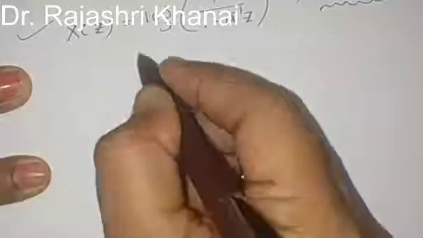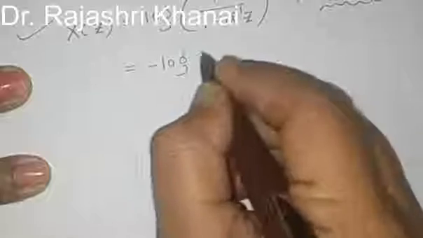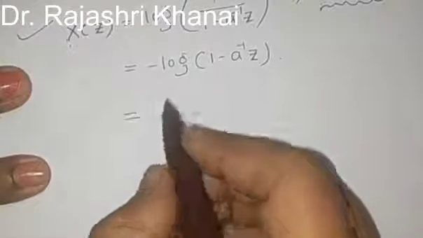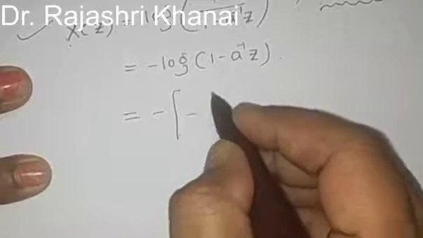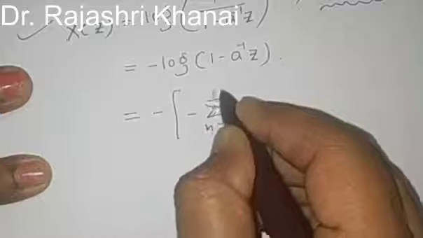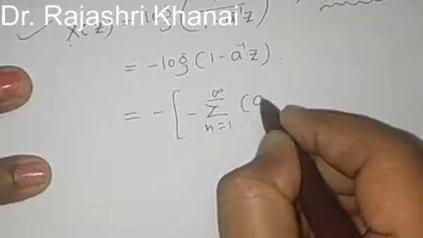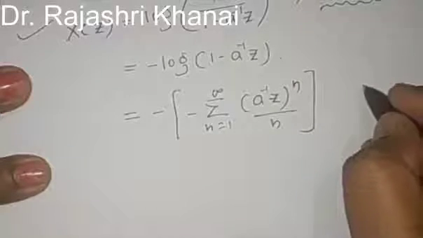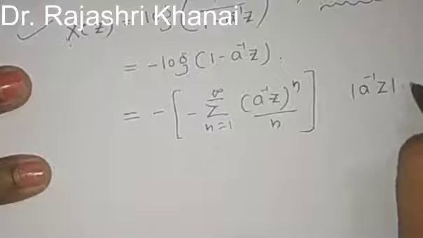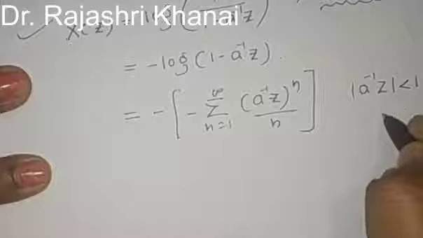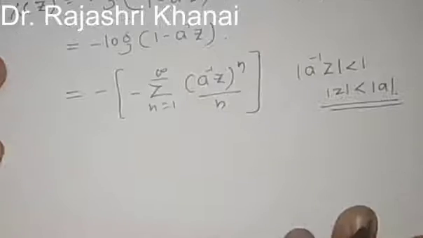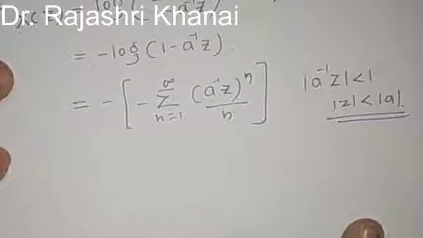Therefore the same X of z we will write as minus log of 1 minus a inverse z, and as usual, using the power series expansion method, we will write it as minus of minus summation n ranging from 1 to infinity (a inverse z) raised to n divided by n, where magnitude of a inverse z is less than 1, or I can say magnitude of z less than magnitude of a, which indicates it is a left-sided sequence.